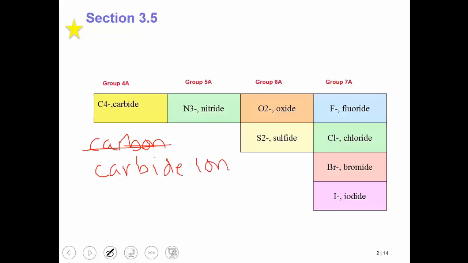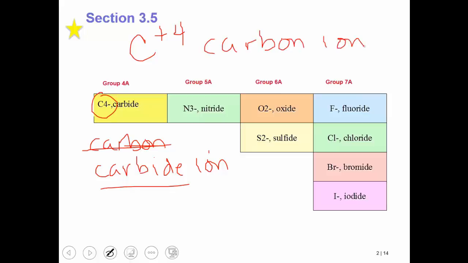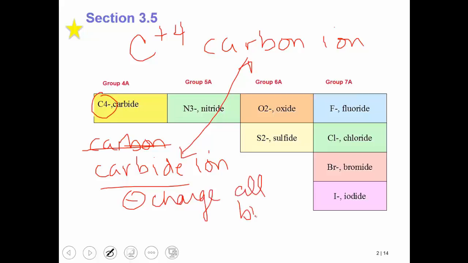So this is called the carbide ion, okay, when it has a -4. If it was carbon +4, a cation, it would just be called the carbon ion, okay? So they're different. Ide means I have a negative charge, okay? And I'm all by myself, meaning that carbon is not combined with another element, okay?